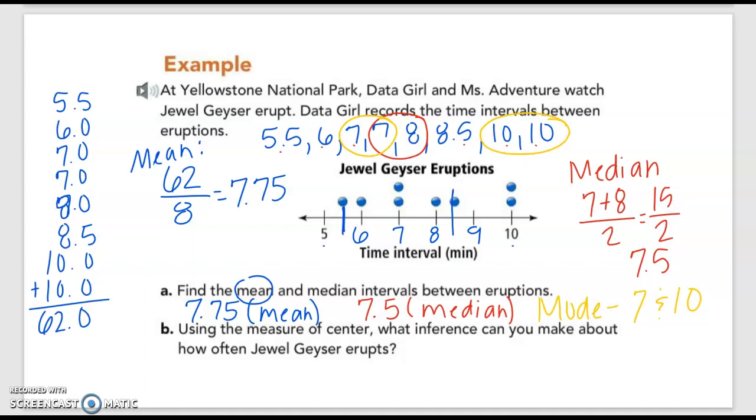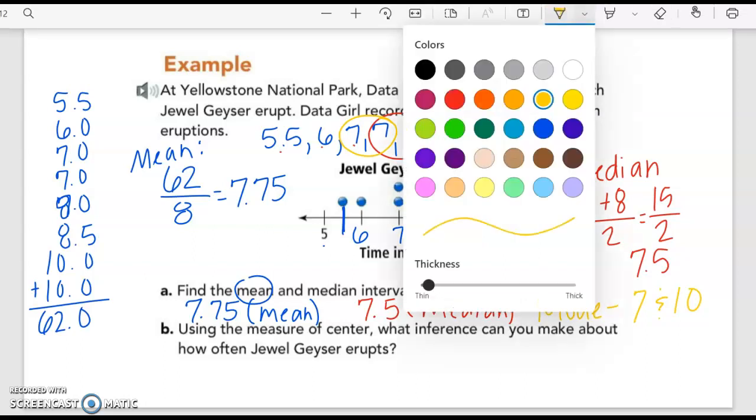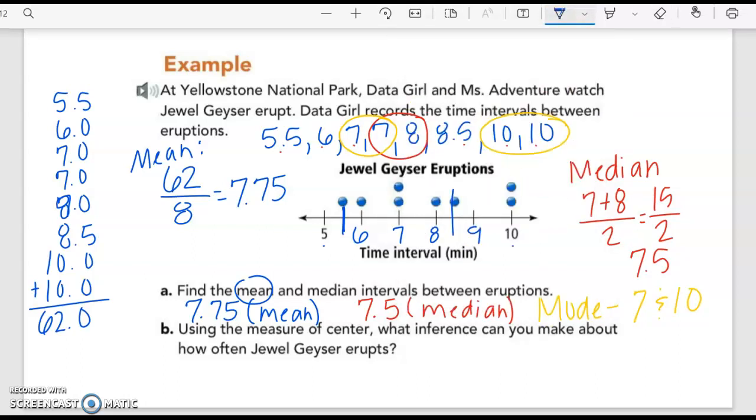Look at letter B. Using the measure of center, what inference can you make about how often the Joule geyser erupts? Well, if I look at my data, I see the mean, or the average, is 7 and 75 hundredths. I also see that the median is 7 1/2.